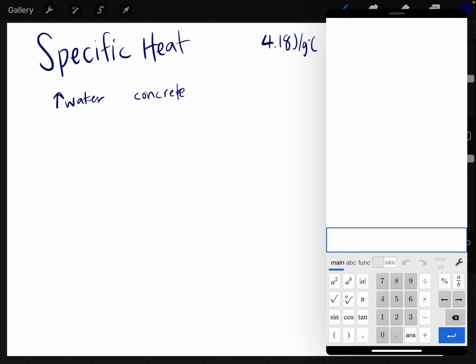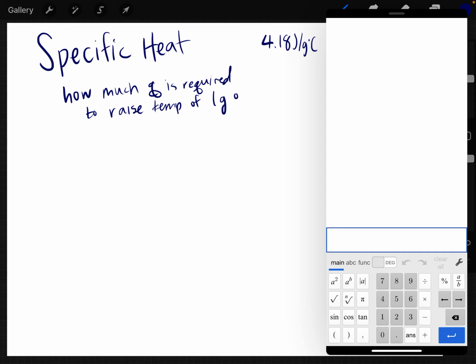Okay? And basically what specific heat is saying is it's saying how much heat is required to raise the temp of 1 gram of a substance by 1 degree Celsius.